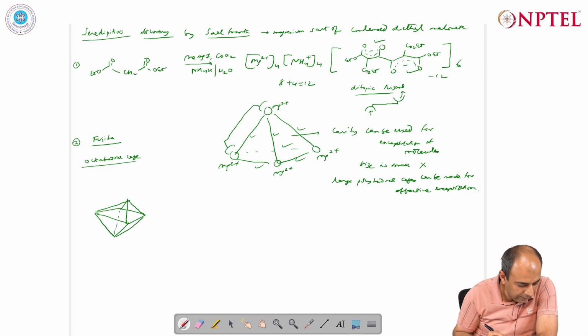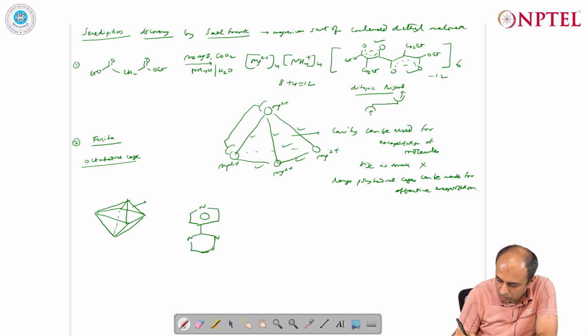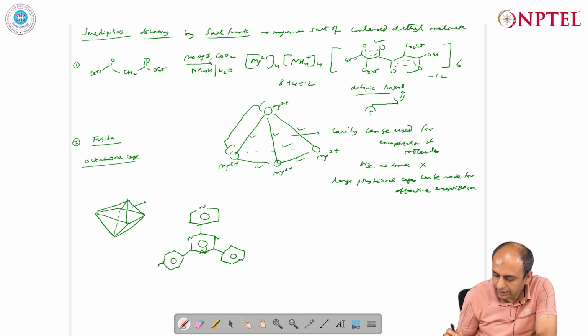so this is the octahedron, and then this particular face of the octahedron contains this particular ligand. This is N, and we can now have the coordination with the palladium here.